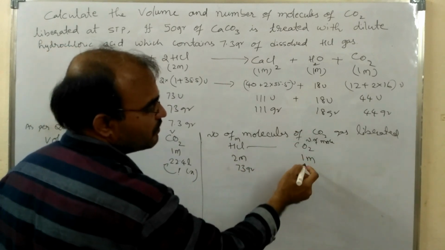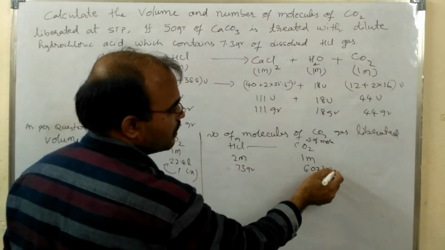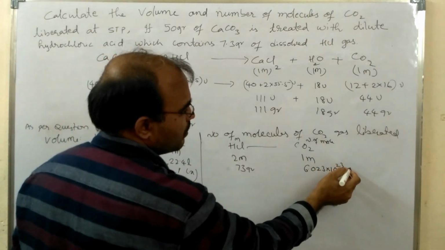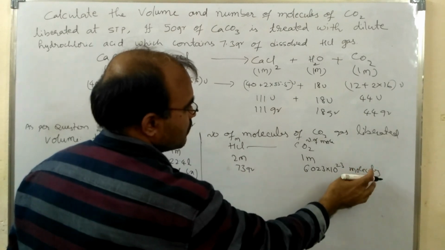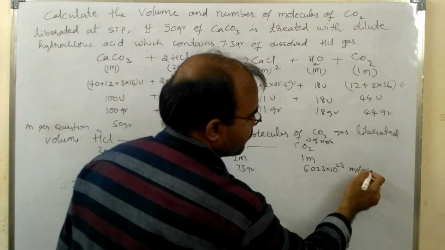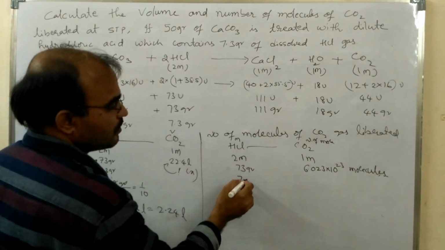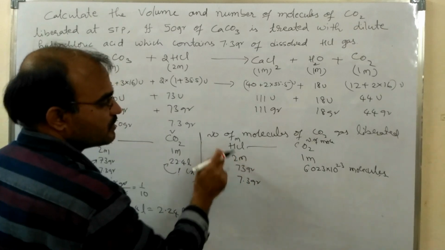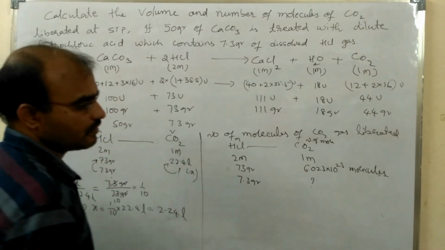So 1 mole of CO2 contains 6.023 into 10 power 23 molecules, right? Now 7.3 grams of HCl gives how many molecules of CO2?